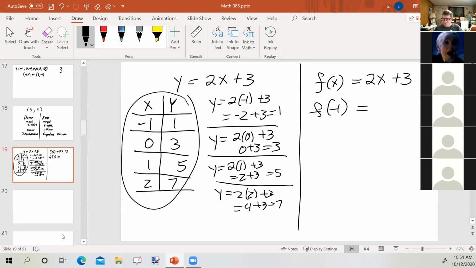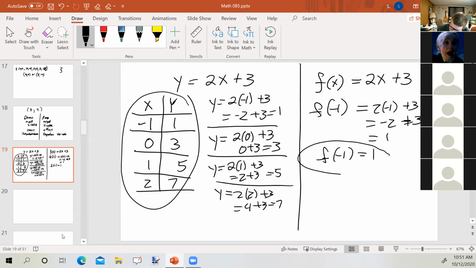How would I find the corresponding y value? The same way I did using the equation notation. I'd put -1 in the place of x. Whoops, that's supposed to be a plus sign. So basically f of -1 equals 1. That is the function notation way of saying the ordered pair -1, 1.